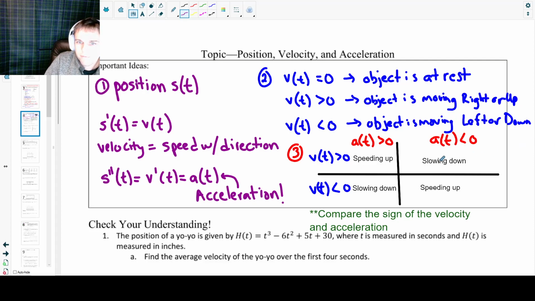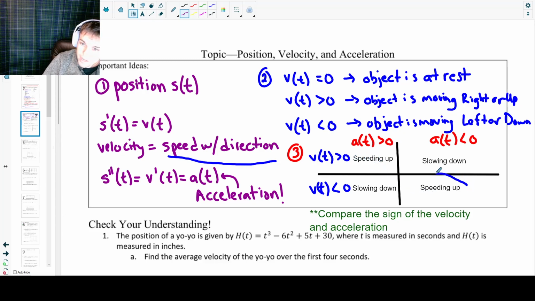All right, now finally, we have this nice chart here to sort of help us out with the relationship between velocity and acceleration, which can be sort of tricky. It kind of goes along with this speed having a direction, right? So when our velocity is positive and our acceleration is positive, we're speeding up, right? Because our velocity is changing to be even greater in that positive direction, so we're speeding up.